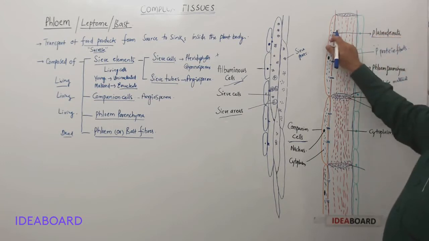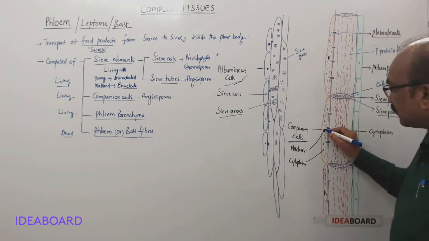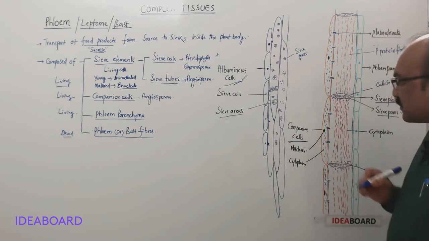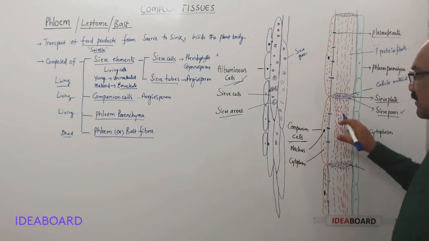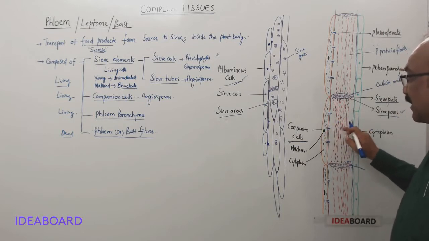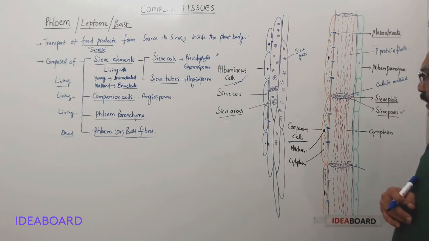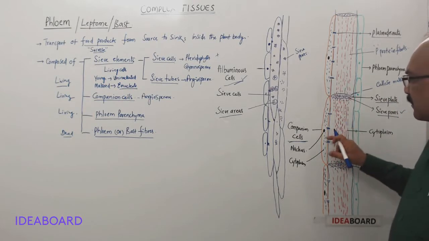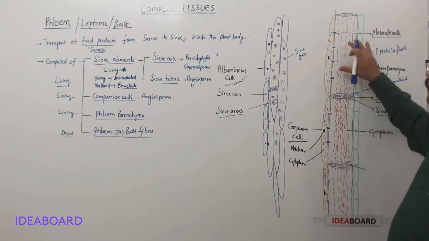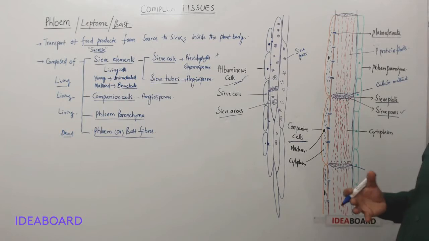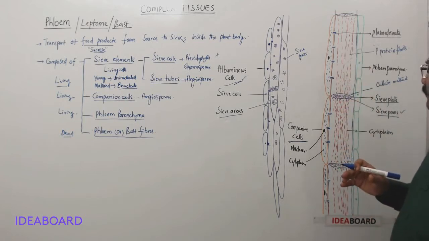You can see the nucleus of the companion cell. The nucleus of the companion cell will control the activities of both the companion cell as well as the sieve tube cell. And one more thing is that it regulates the pressure gradient in the sieve tube cells.